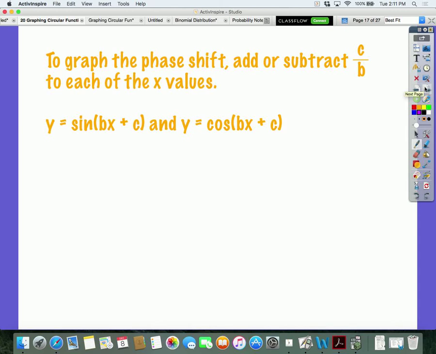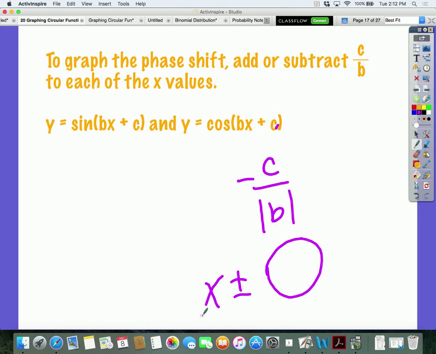And these are your general forms. Please make sure these are pluses too, by the way, because I think they're minuses in your notes. So whatever c is, whatever b is, you plug into that formula of negative c over the absolute value of b, and whatever that answer is, you'll either add or subtract it to all of your x's.